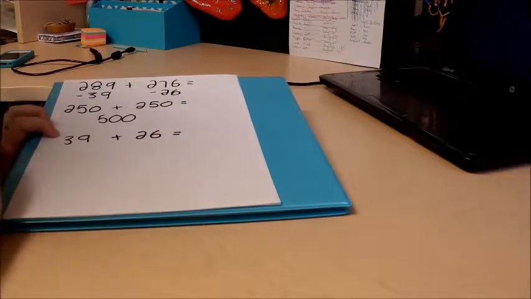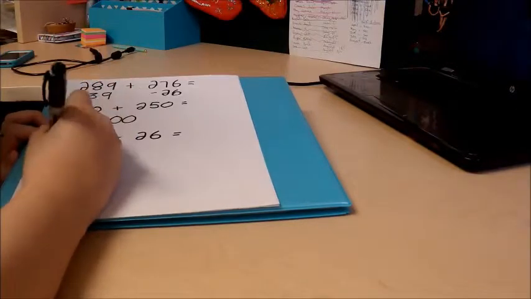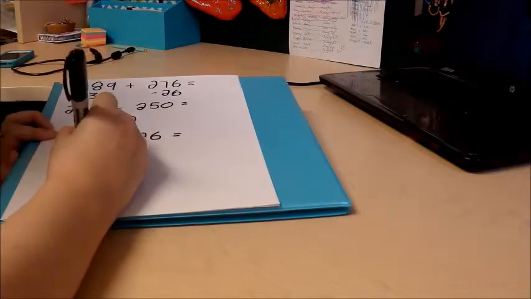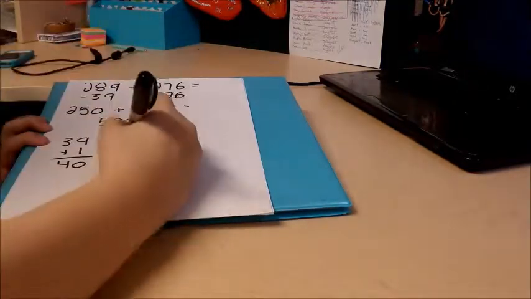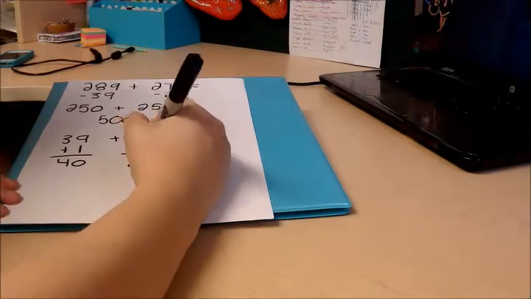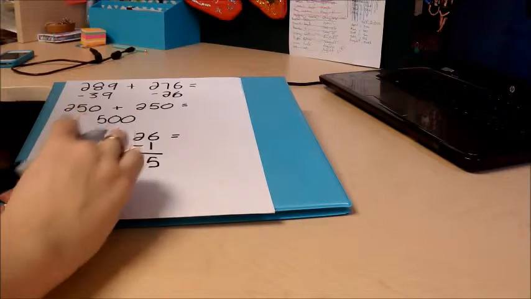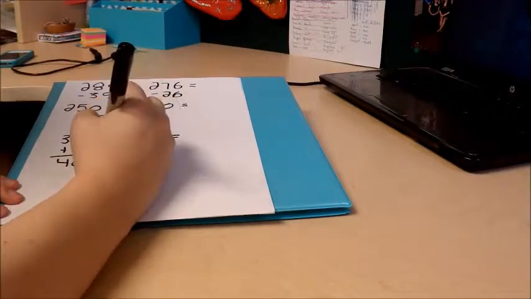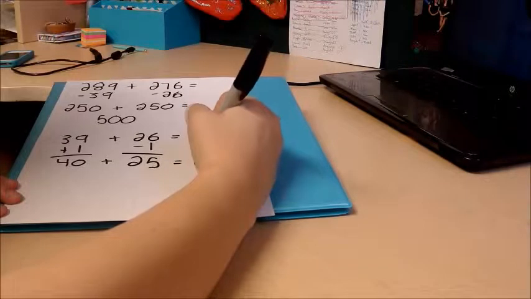So I'm going to make a 39 a 40 by adding 1, which gives us the 40. And then I want to subtract 1 from the 26 to give us 25. So then we'll just go ahead and add these two together, which gives us 65.